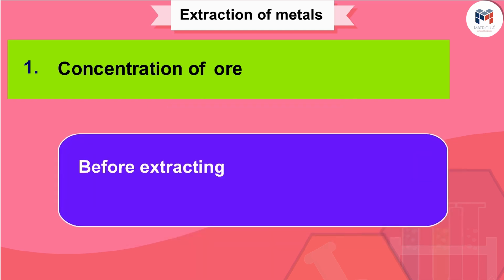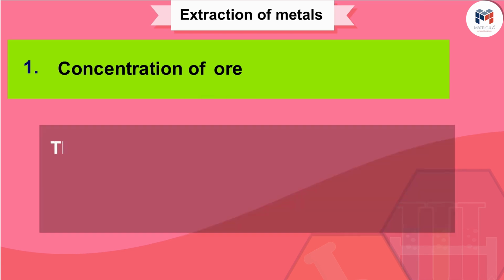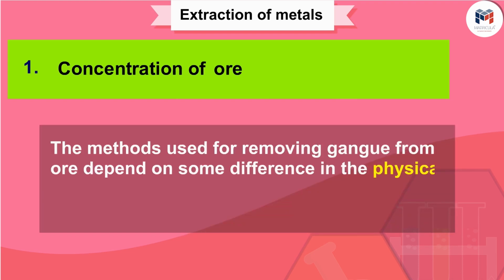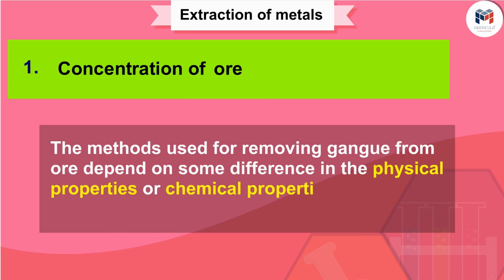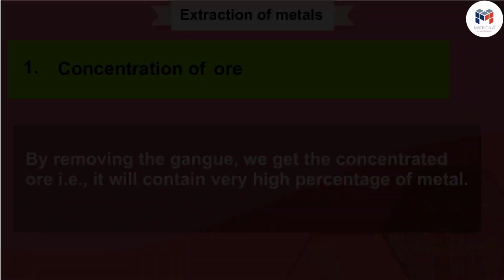Before extracting the metal from an ore, it is necessary to remove these impurities. The methods used for removing gangue from ore depend on some difference in the physical properties or chemical properties of the ore and the gangue. By removing the gangue, we get the concentrated ore. That is, it will contain a very high percentage of the metal.